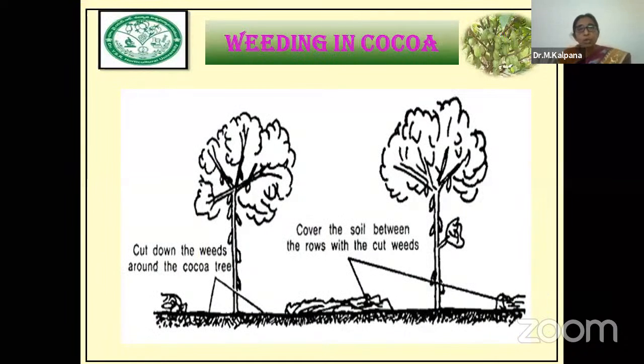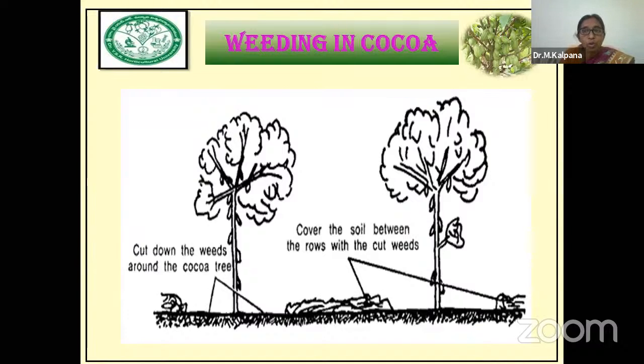Coming to the next operation, the weeding operation. I already told that we have to take care in the early establishment of the crop. The basin should be free from weeds. We have to go for manual weeding or chemical weeding. But once the crop starts the canopy closure, there is no need of weed control. Why?